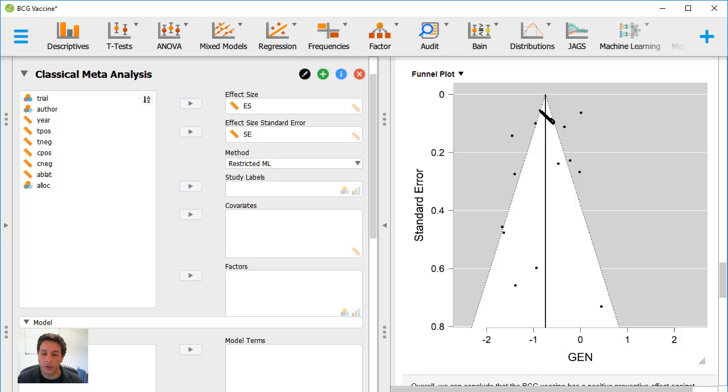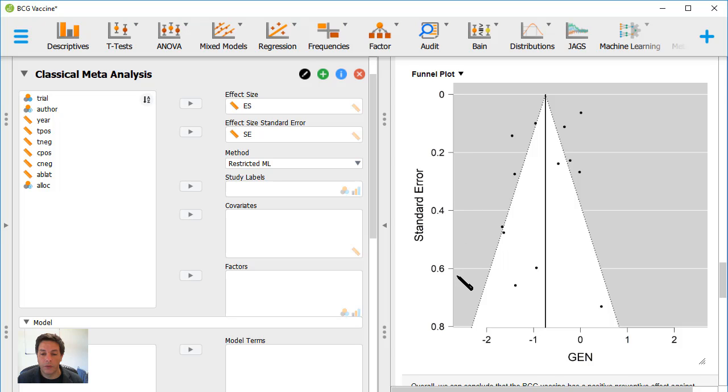And the line shows the estimate of the effect size. The standard error here is the largest, 0.8, and we expect values to be spread symmetrically around the estimate of the effect size, and more spread. So if we consider this interval between 0.6 and 0.8, we've got 3 studies, and these 3 studies are within the expected range.